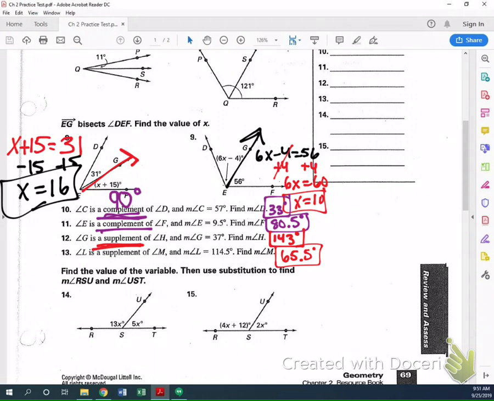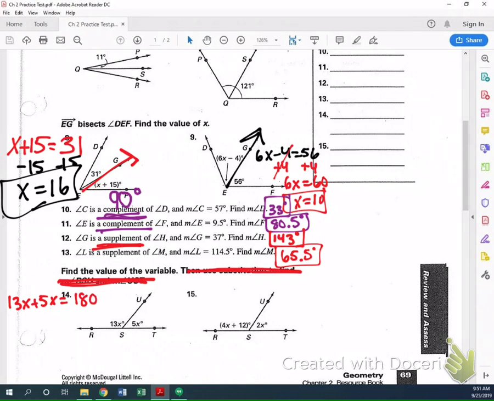Now, I can't remember if I told this class or my other class, but I'm going to let you cross out part of the directions here. I just want you to find x. If you find x, I am more than happy with it. So let's write the equation for number 14. What do I need to do here? Equals 180. Good.